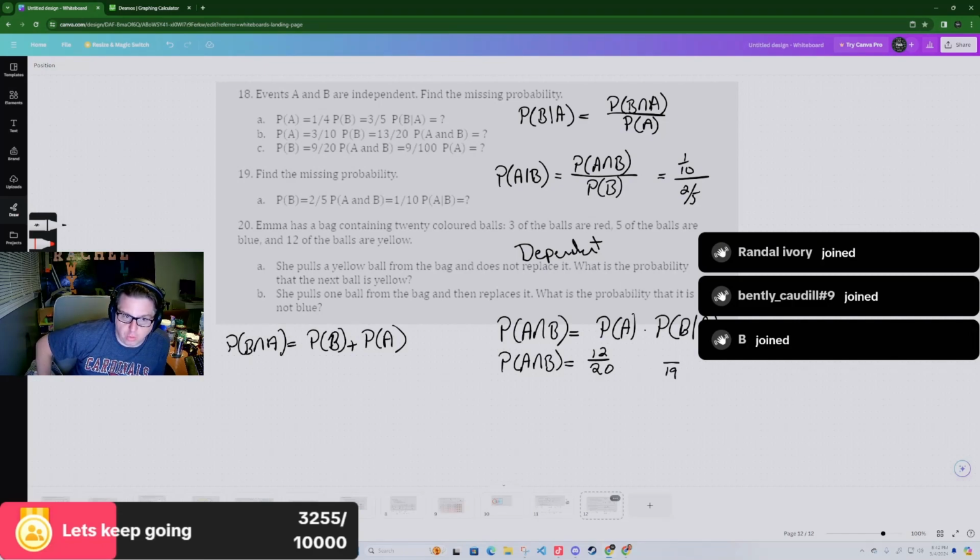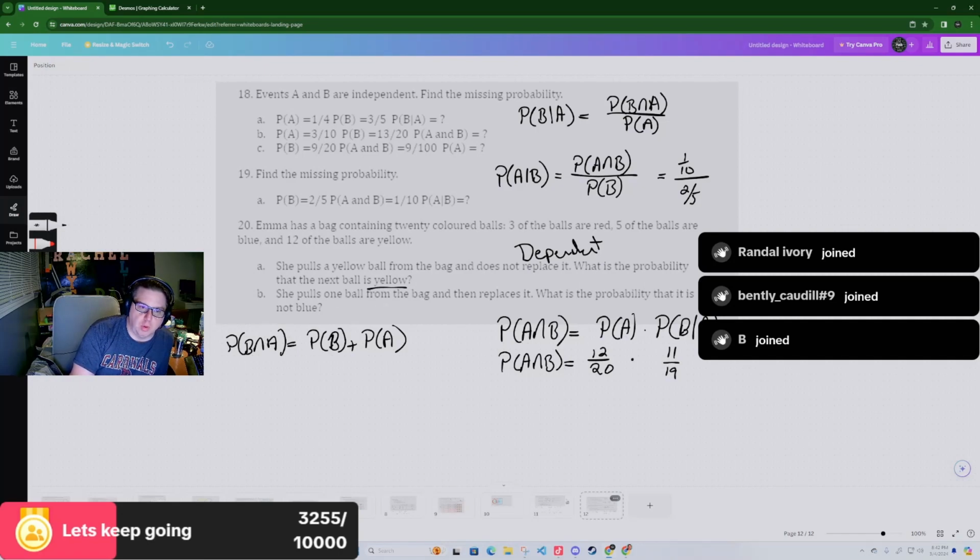And I pulled a yellow ball, and I don't replace it. What is my next pull? And we want that next pull to be yellow as well, right? What is the probability that the next ball is yellow? So once we take one of these yellow balls out, because remember that's the first condition, we only have 11 left. We can multiply straight across and do all of our normal stuff.